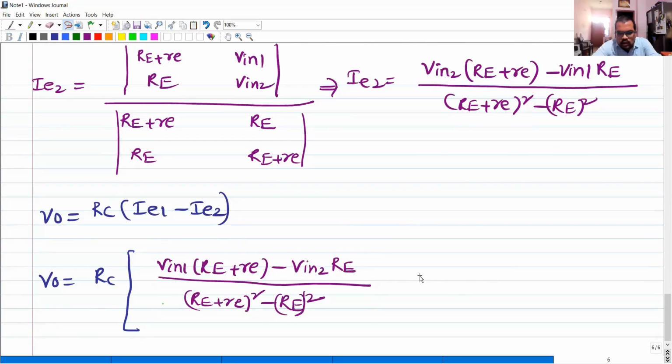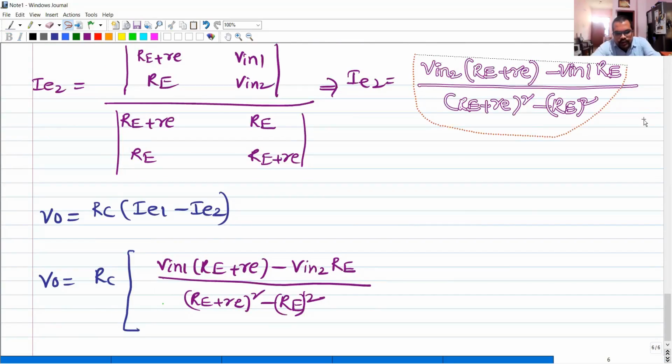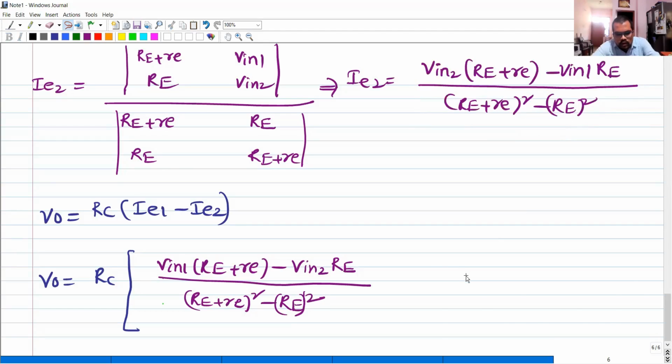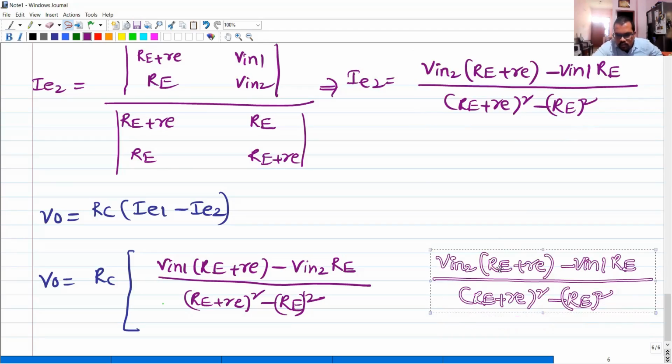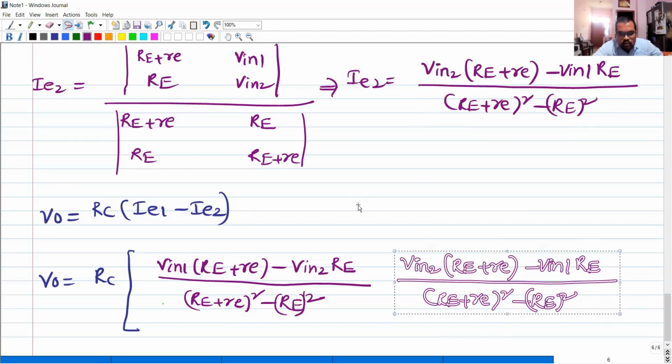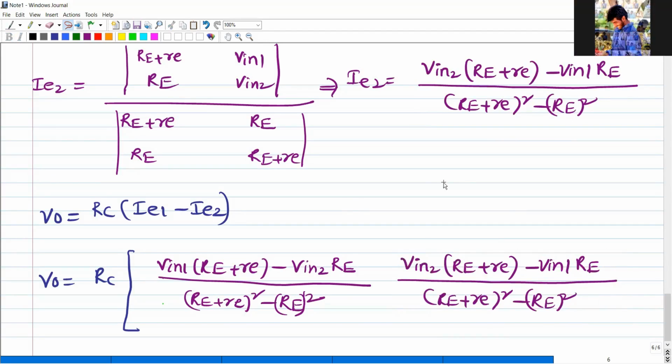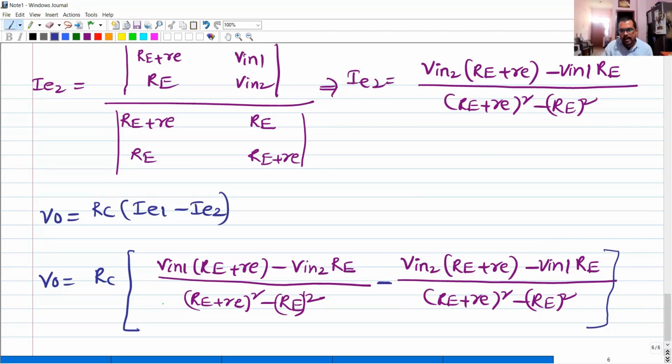This is the first one, and the second one is minus. Is it right? Yes, sir.